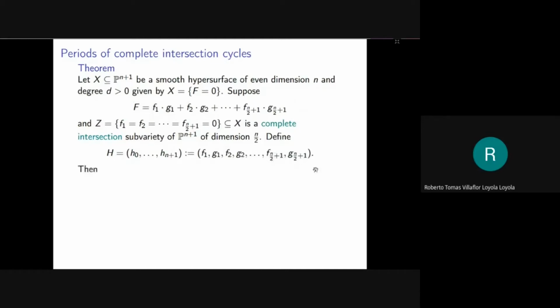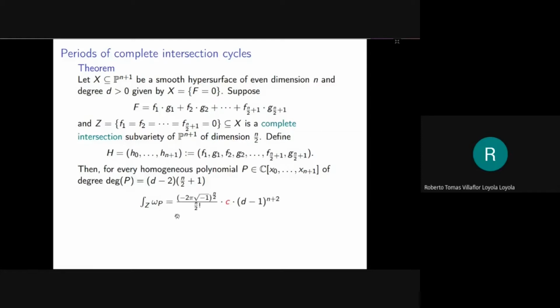Then, for each homogeneous polynomial p of degree d minus 2 times (n over 2 plus 1), we will have a formula for computing the period of omega_p over Z, where this omega_p is an element of the n-th de Rham cohomology group of X, and more precisely, an element of the n over 2 piece of the Hodge filtration of the n-th de Rham cohomology group of X.